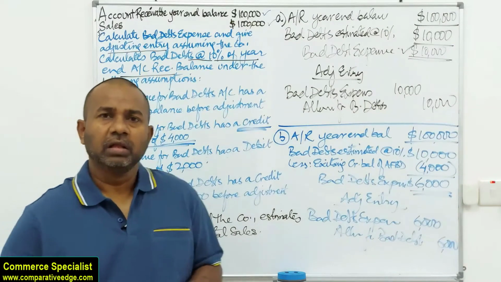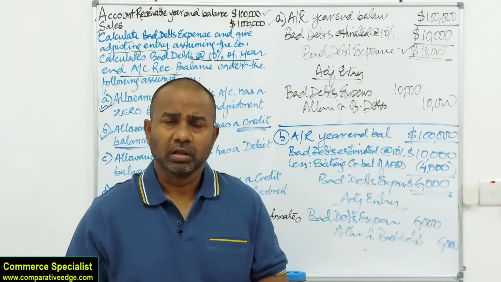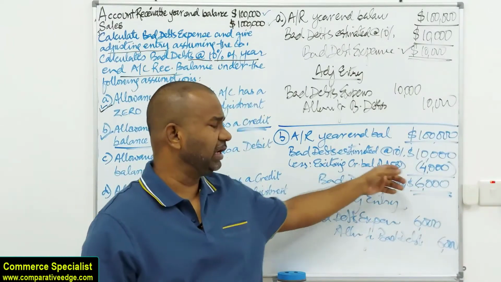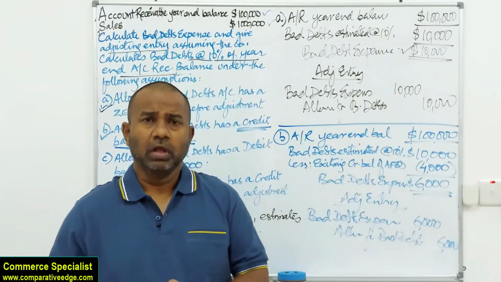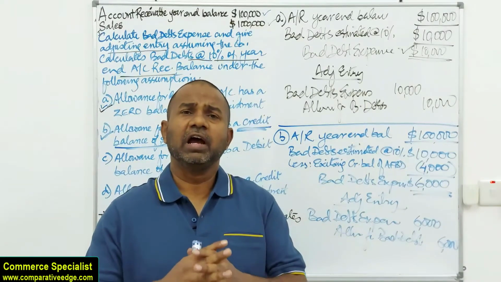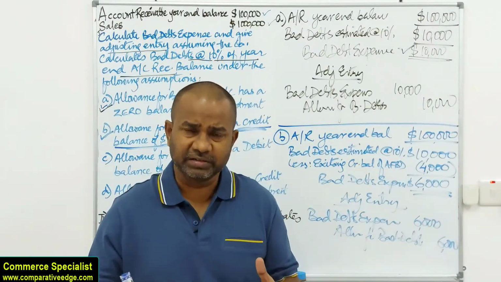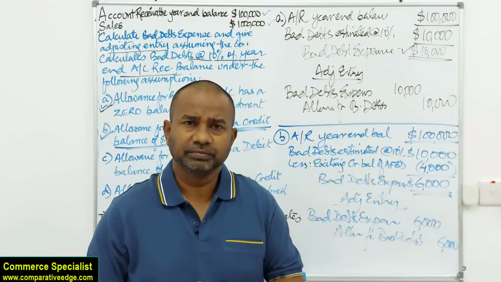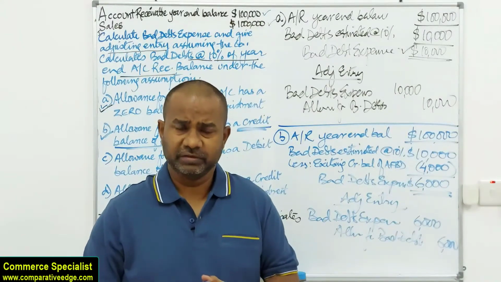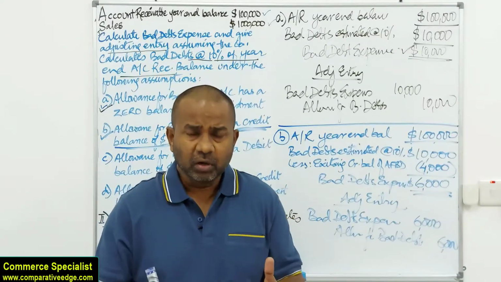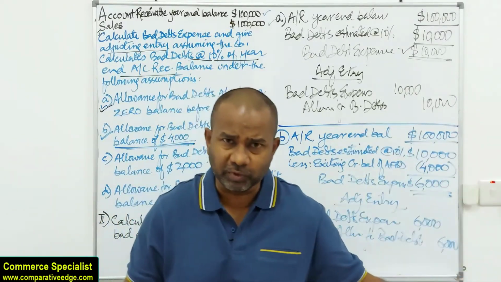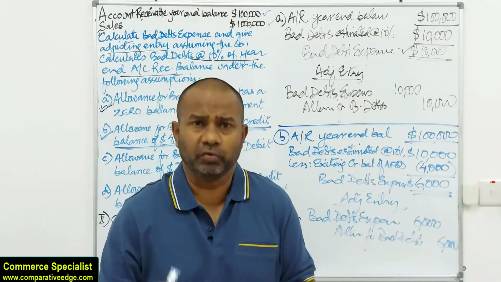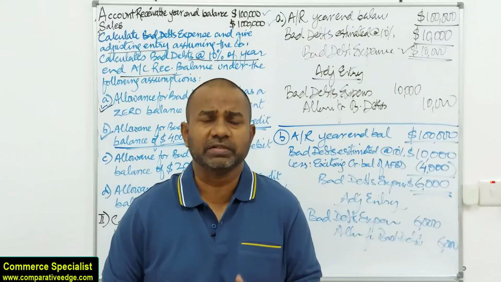Ladies and gentlemen, now we need to understand why I subtracted this 4,000 credit balance of allowance. We need to know that the entire process of estimating bad debts is just an estimation. It's not real figures. At the end of every year, whatever our outstanding receivables are, the amount we have to receive from customers, we just estimate an amount based on our past experiences.